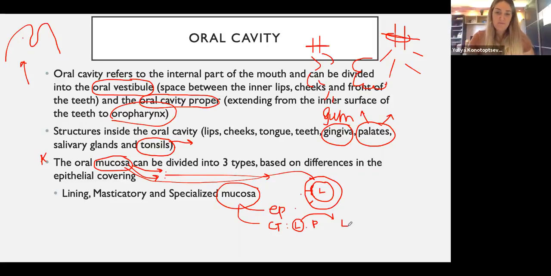We don't need it there. Why are lymphocytes needed here? Because we're introducing new stuff, like for example, food, which may contain pathogens, air may also contain pathogens. Exactly. So do you understand a little bit?